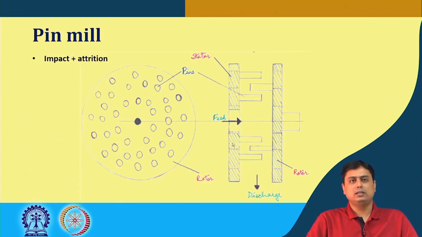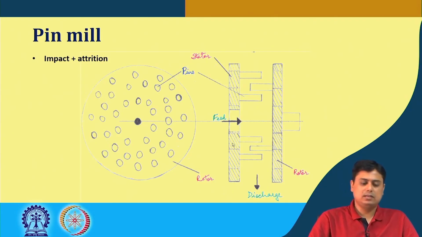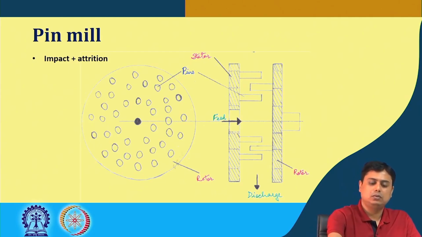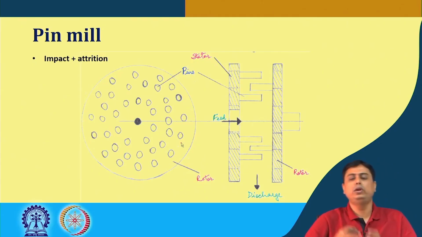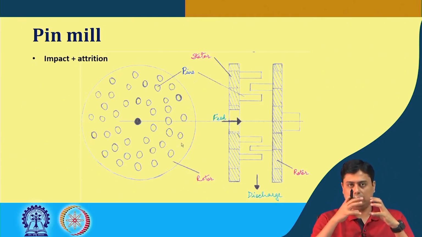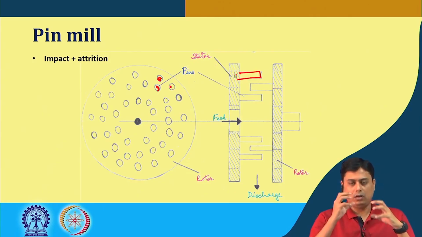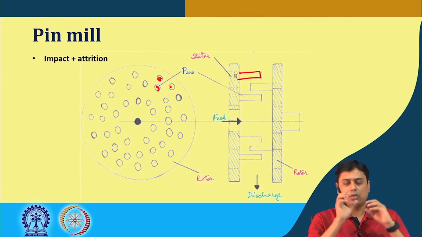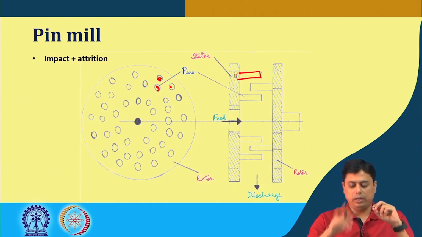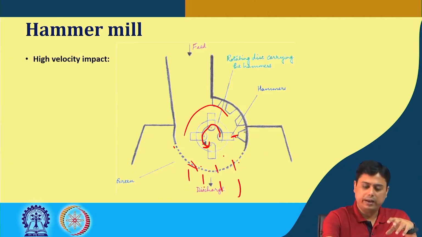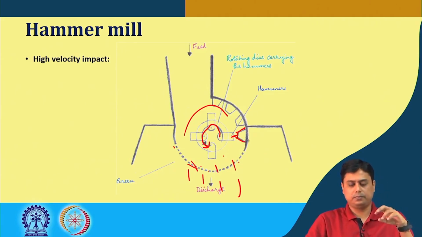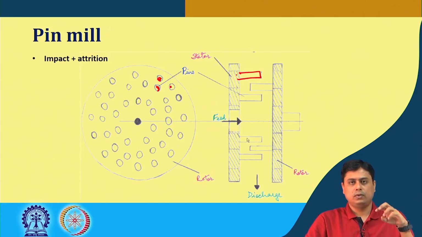The other one is the pin mill. So, in the pin mill, this is a side view of it. It is a kind of two discs facing each other, and when we see the side view, these are basically pins or very sturdy solid extrusions, like we saw in the hammer mill, this kind of protrusions.